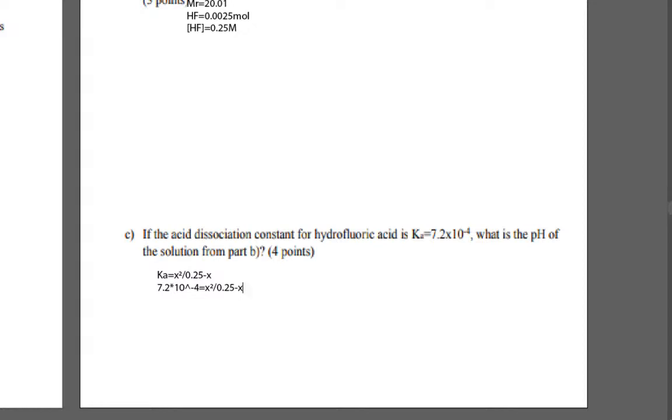So I'm going to be solving this using a graph, because who hates graphs? 7.2 times 10 to the power of negative 4 must equal x squared divided by 0.25 minus x. There we go. We should get two values.